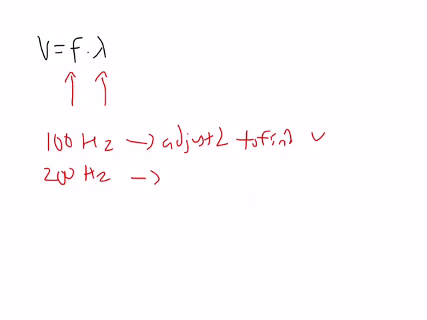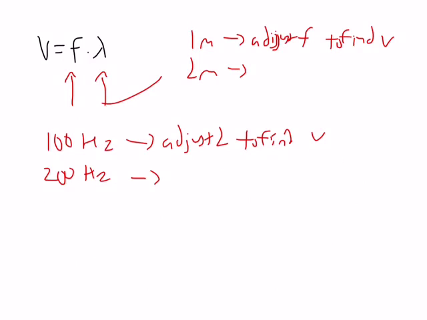Or we could do the opposite way around. We could pick a length. Let's say we're going to do 1 meter, and then we adjust f to find v. And then now we're going to pick a new length L, which means we picked a new wavelength, and so on.